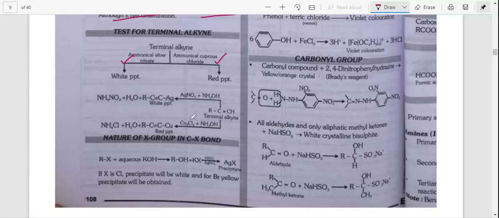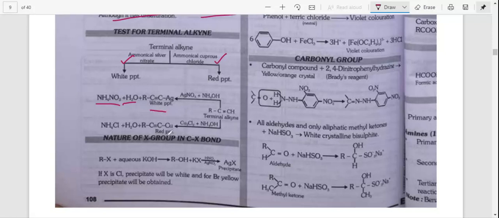When this reacts with the alkyne, we will get NH4NO3 from ammoniacal silver nitrate, and water is removed, and the remaining will be RC≡CAg. So it is a white precipitate. Remember this.